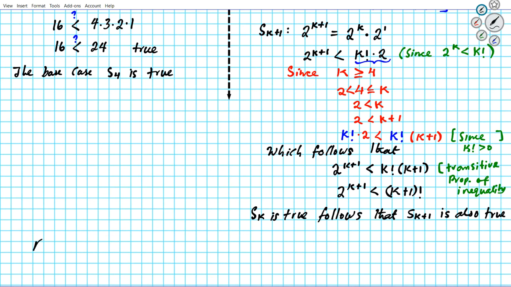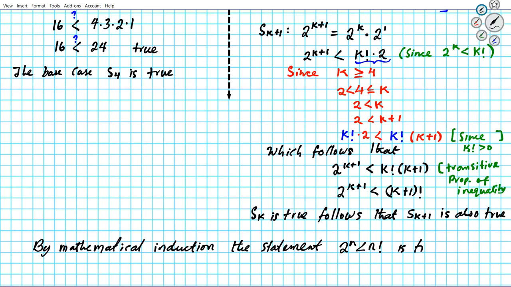Okay, so by mathematical induction, the statement 2 to the n is less than n factorial is true for all integers n where n is greater than or equal to 4.